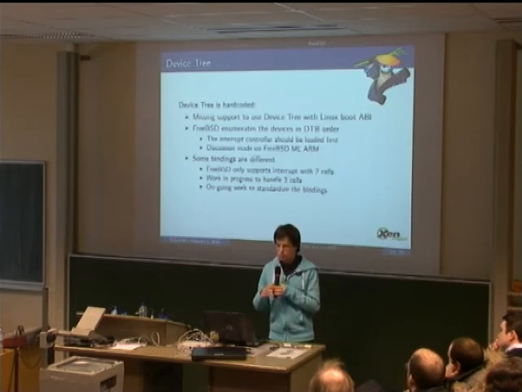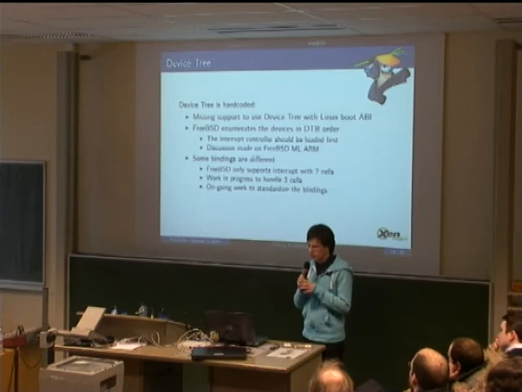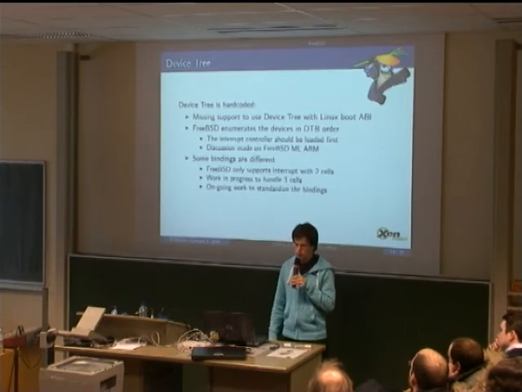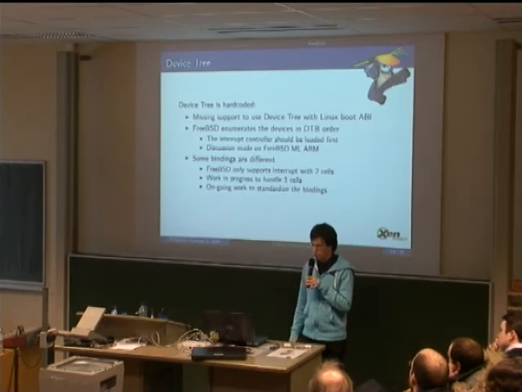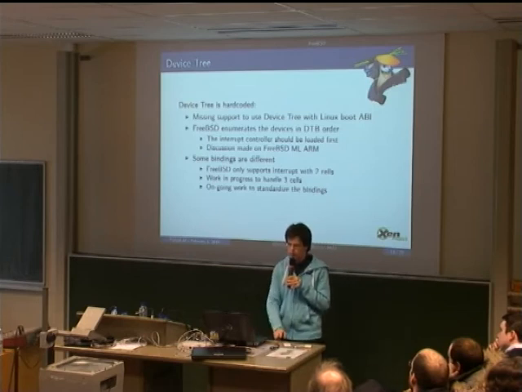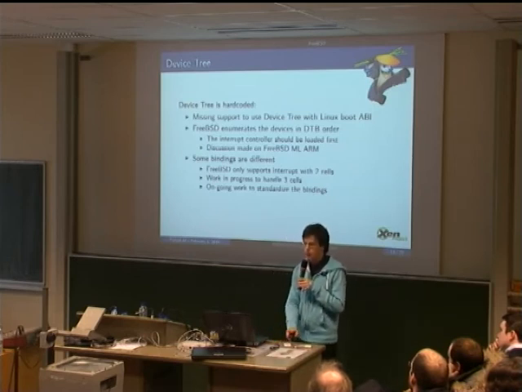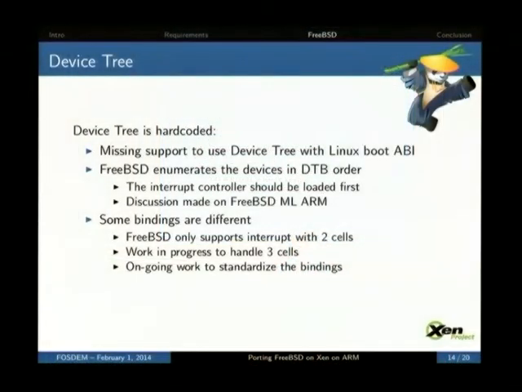So from the point of view of the device tree, I chose to hardcode the device tree for multiple reasons. The first reason is that, as I said earlier, I've chosen to use a specific boot protocol, the Linux boot protocol. This is not yet implemented in FreeBSD. That means that you can't start FreeBSD without any out-of-band help.